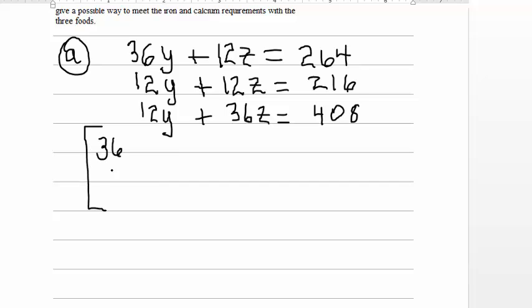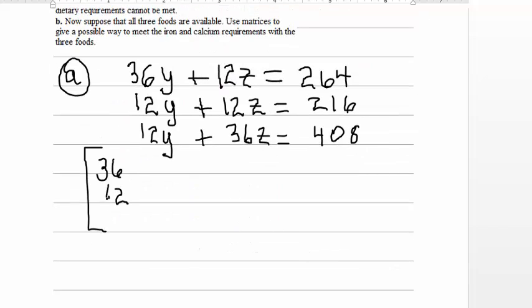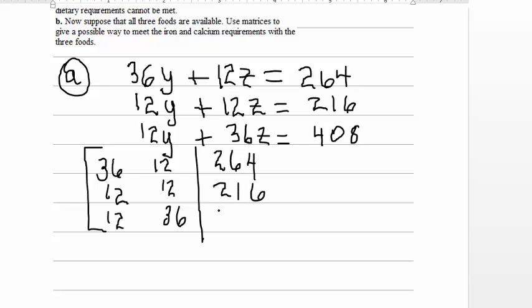So in column 1, we put the coefficients of Y of our augmented matrix. In column 2, we put the coefficients of Z. We write our dividing vertical line, and in the third column, we put our constants that are on the opposite side of the equation from the variable terms.